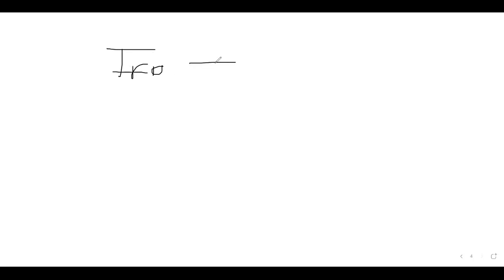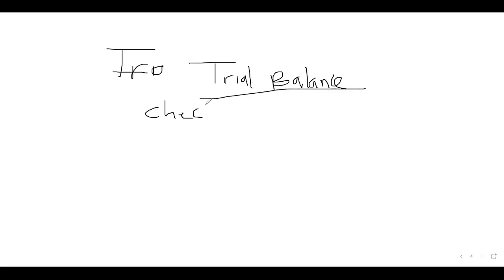So when we have the trial balance, okay, the trial balance checks the accuracy of the double entry system. So this one checks the accuracy of the double entry system.